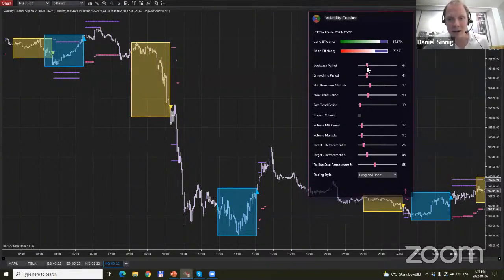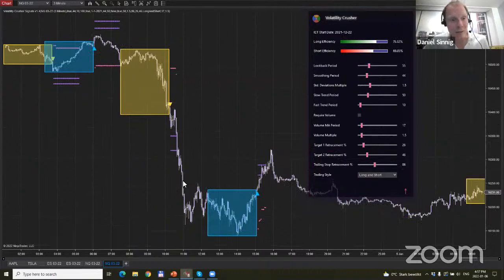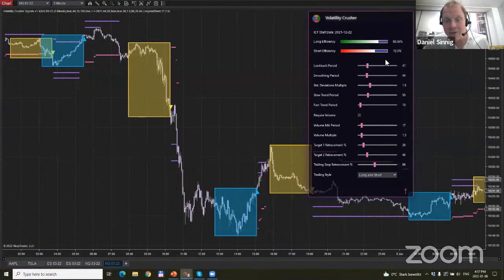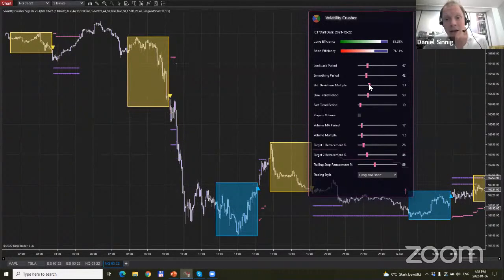And now look at this. I can now simply drag here, and instantaneously in real time, my indicator will update. Not just the statistics, but everything on the chart. The entry signals, these boxes, these stop losses, the profit targets. So it makes it very easy for you to find the best parameters for your indicator. Yeah, you can dial it in literally within seconds.